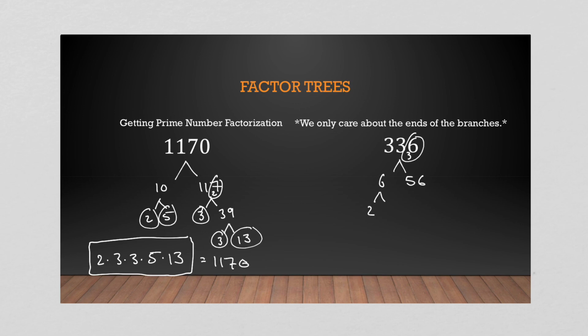Well, 6 is just 2 times 3. 56 is, let's go 2 times 28. You could have gone 7 times 8. Do what you want. 28 is 4 times 7. 4 is 2 times 2. Prime, prime, prime, prime, prime, prime. So what's the prime factorization of 336? It's 2 times 2 times 2 times 2 times 3 times 7. Boom.